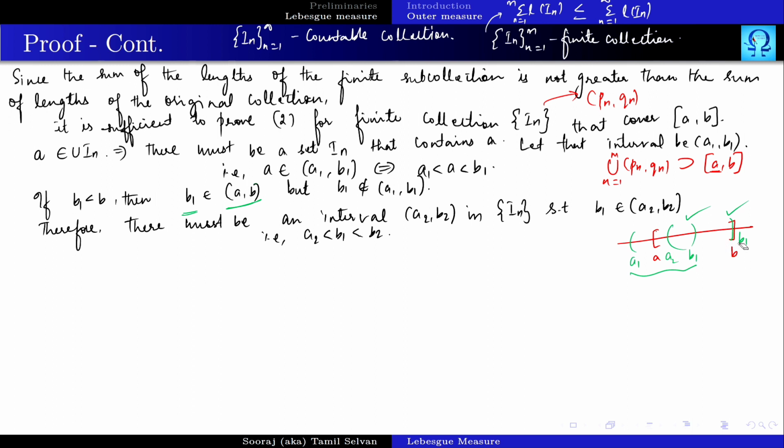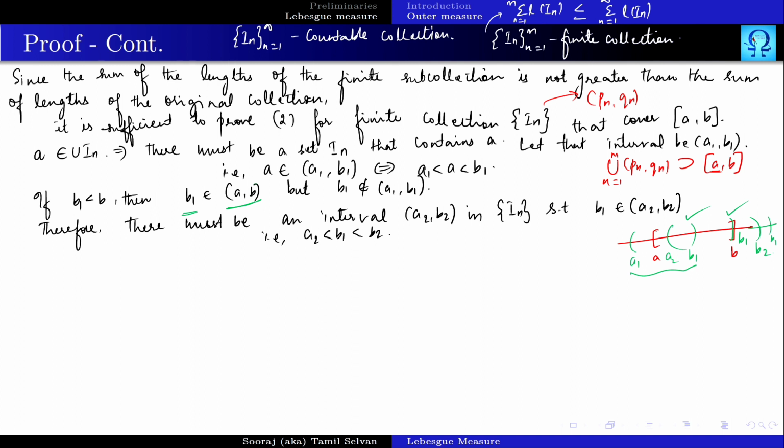So you can always identify some open interval in this collection itself that contains this b1, because b1 has to be like this or this. You may ask me, what if my b1 lies apart from it? Then we shall stop here itself.